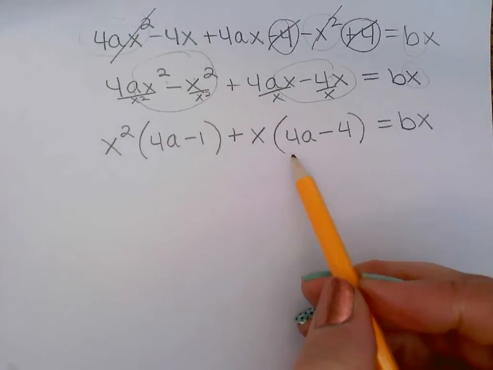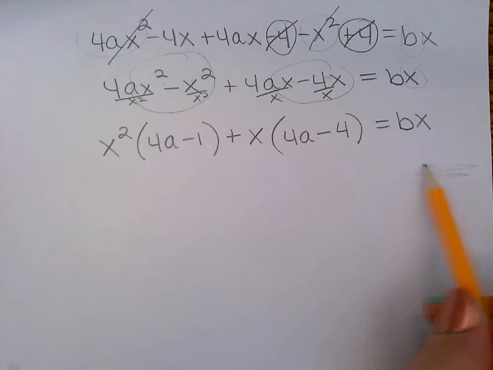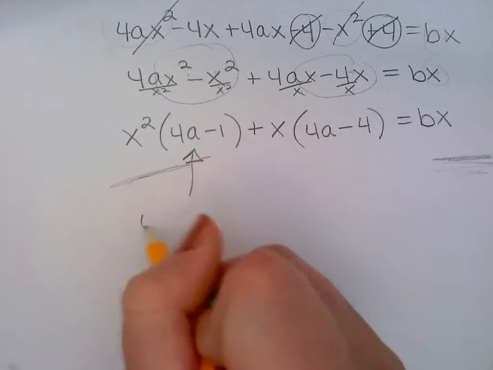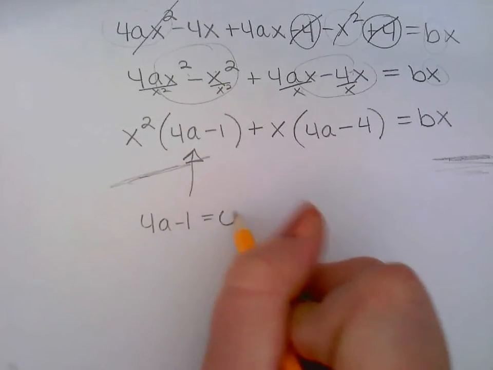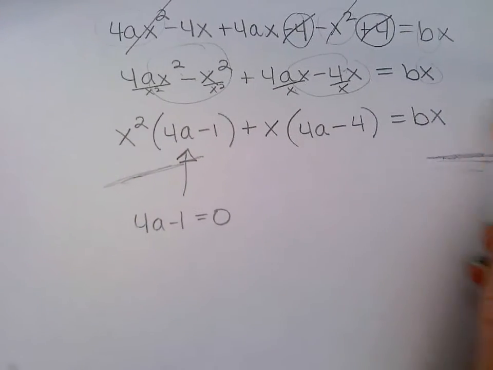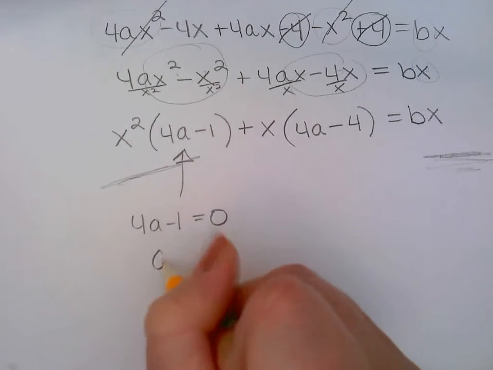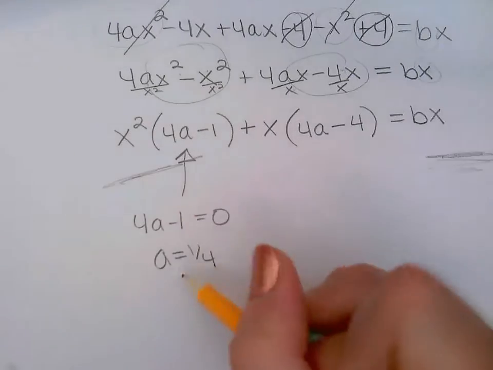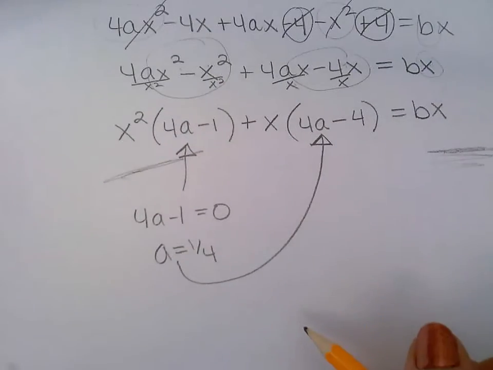The next step is realizing that there's no x squared term on the right-hand side. So that tells you that this 4a minus 1 must equal 0 if there's no x squared term on the right-hand side. So that tells you that a is 1/4. Then your last step is to substitute in the 1/4.